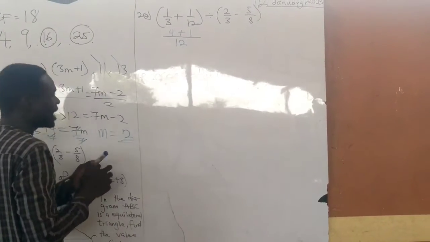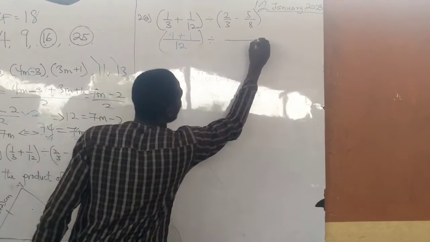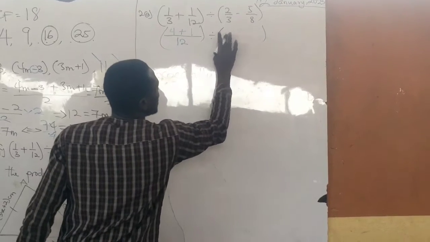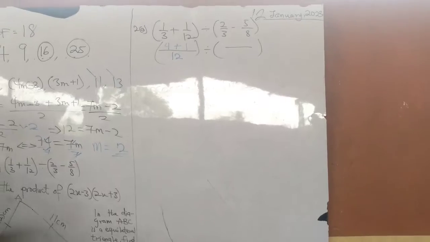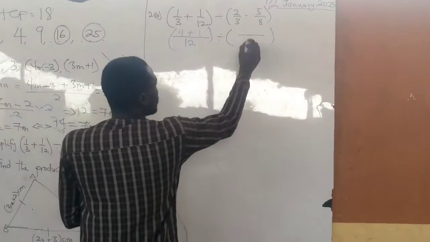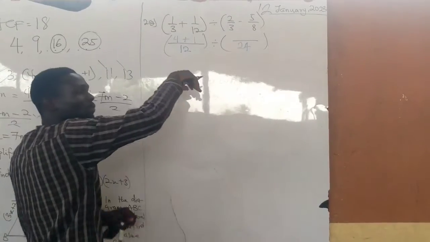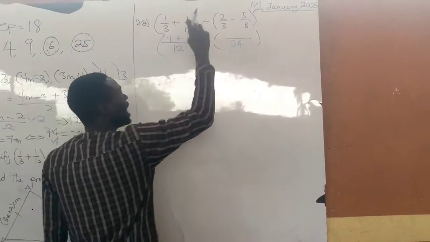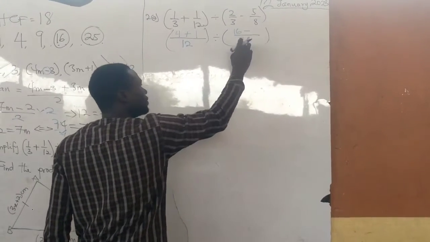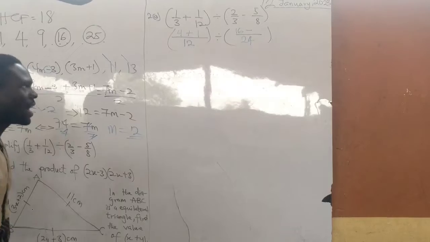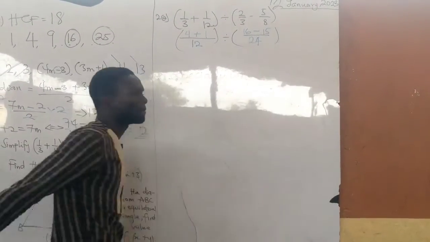The sign given there is divided by. Then you also find the LCM. The LCM for 8 and 3 is 24. Then we ask ourselves, 3 would divide 24 how many times? 8 times. 8 times 2 is 16. 8 would divide this 3 times. 3 times 5 is 15.